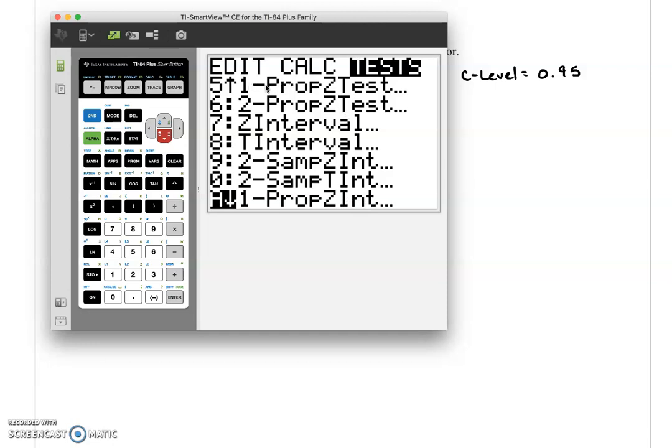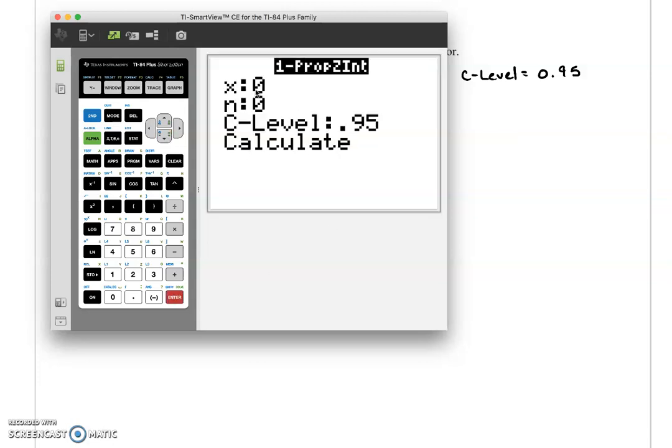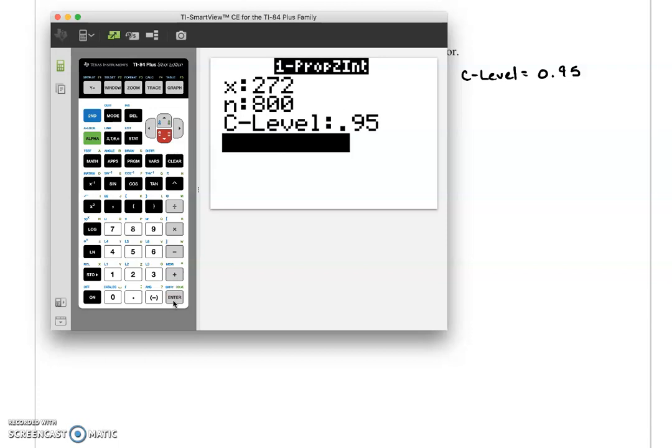Number 5 says 1 prop z test. For confidence intervals, we need 1 prop z int. So we hit enter. x was 272, hit enter. n was 800, and our confidence level is 0.95, which happens to already be in here. Then highlight calculate and only hit enter once.